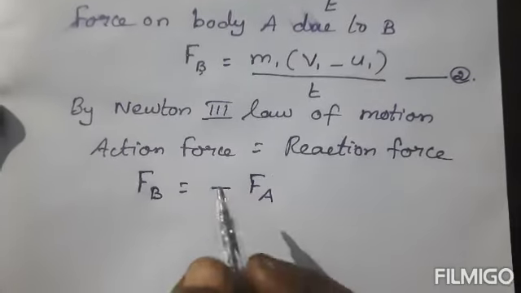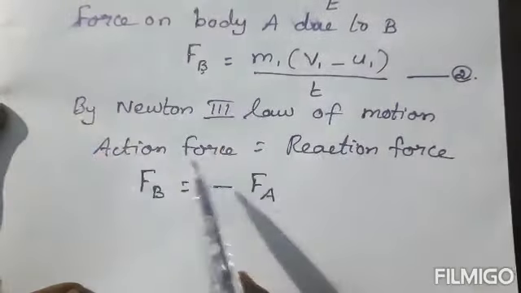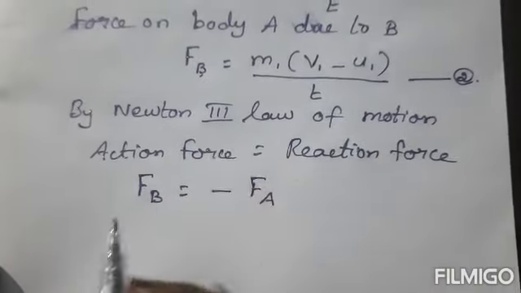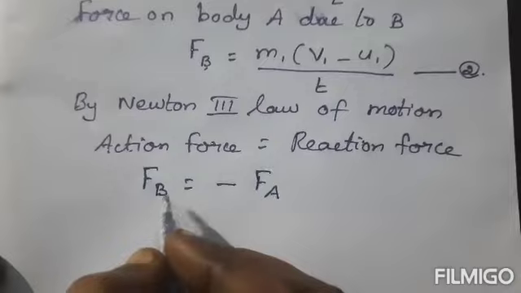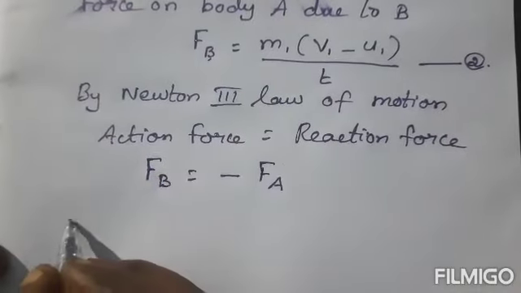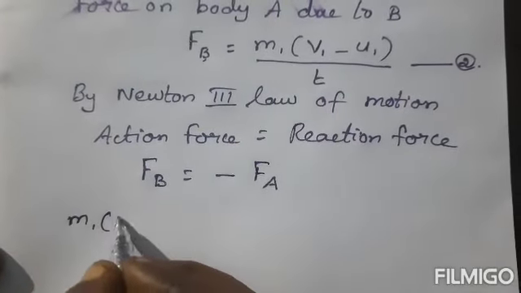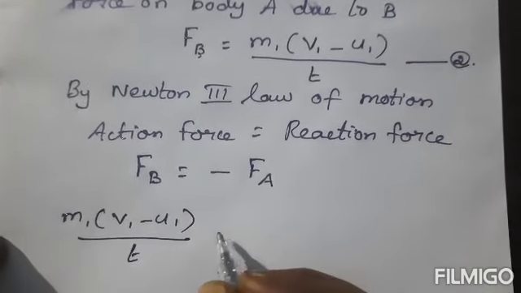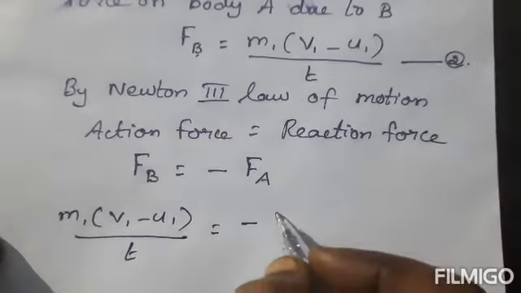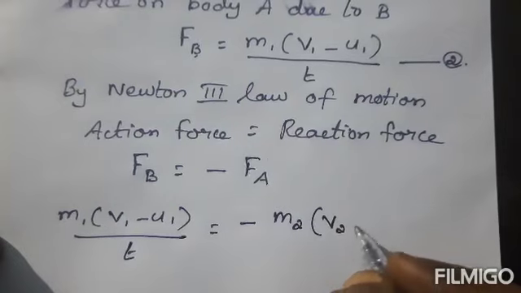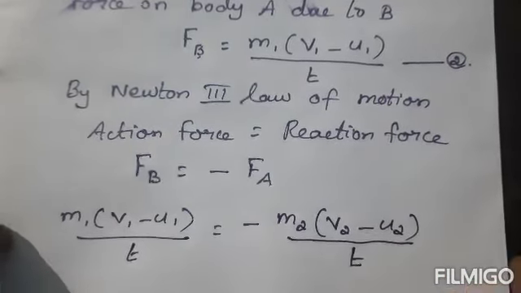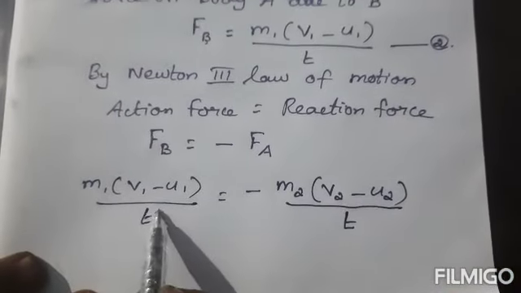Then we have to substitute the values. You know the Fb value, and the Fa value too, so we can substitute them. Instead of Fb, m1 into (v1 minus u1) divided by t equals minus m2 into (v2 minus u2) divided by t. Then the t and t cancel.